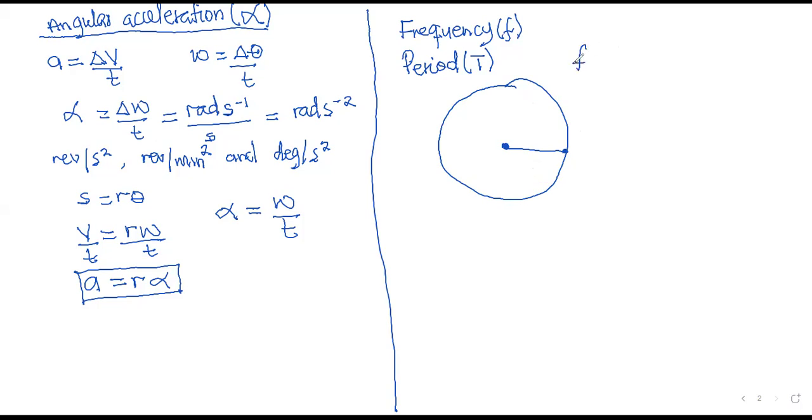So frequency f is number of complete revolutions divided by time. However, in most machines, we peg the frequency within 1 second. So within a time of 1 second, how many complete revolutions can be made?